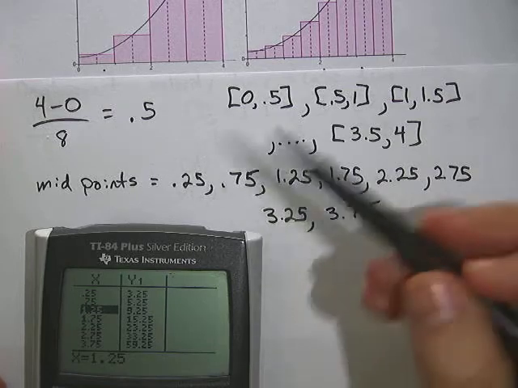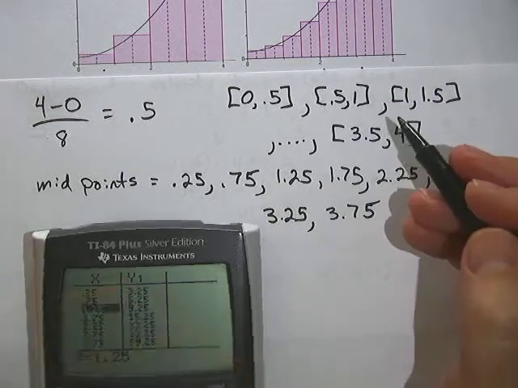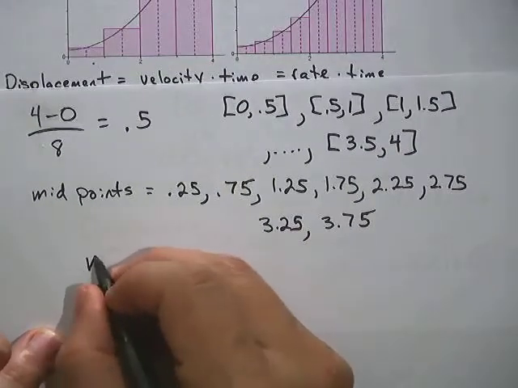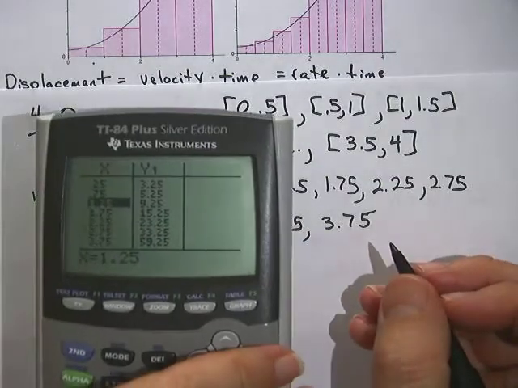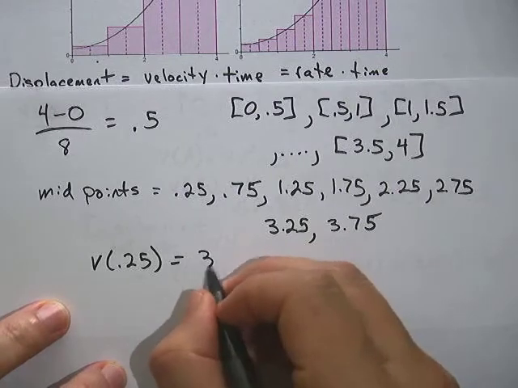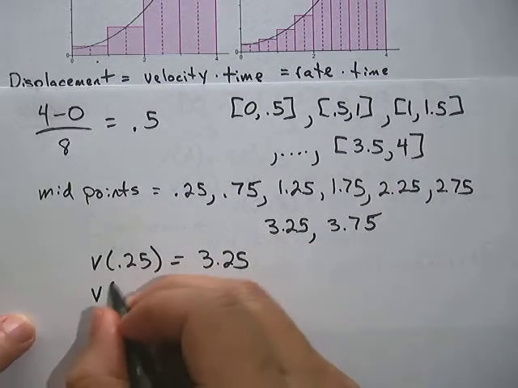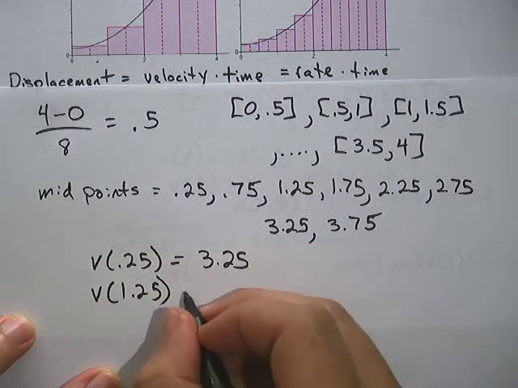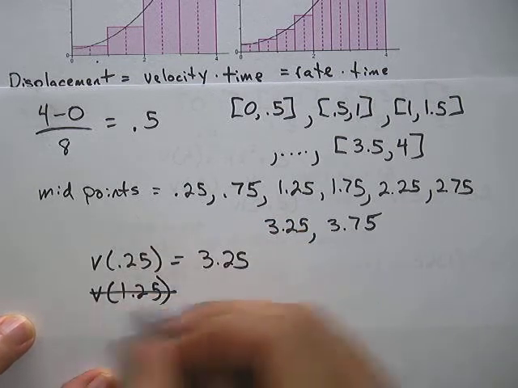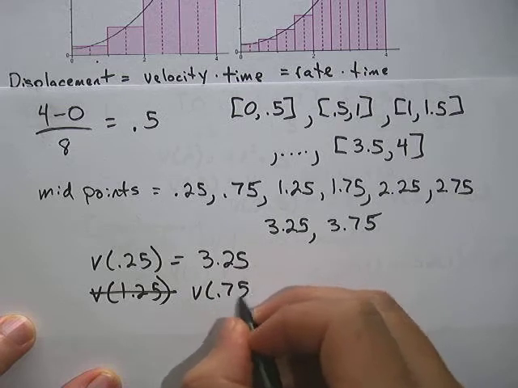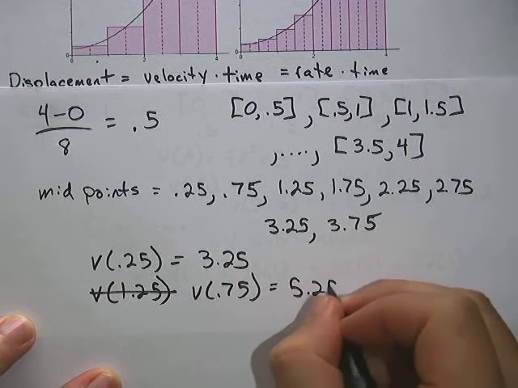We have the values, so I can write down a couple of these. V of 0.25 is equal to, what did the calculator say? 3.25. Whoops, I skipped one. Cross that out. V of 0.75 is equal to 5.25.